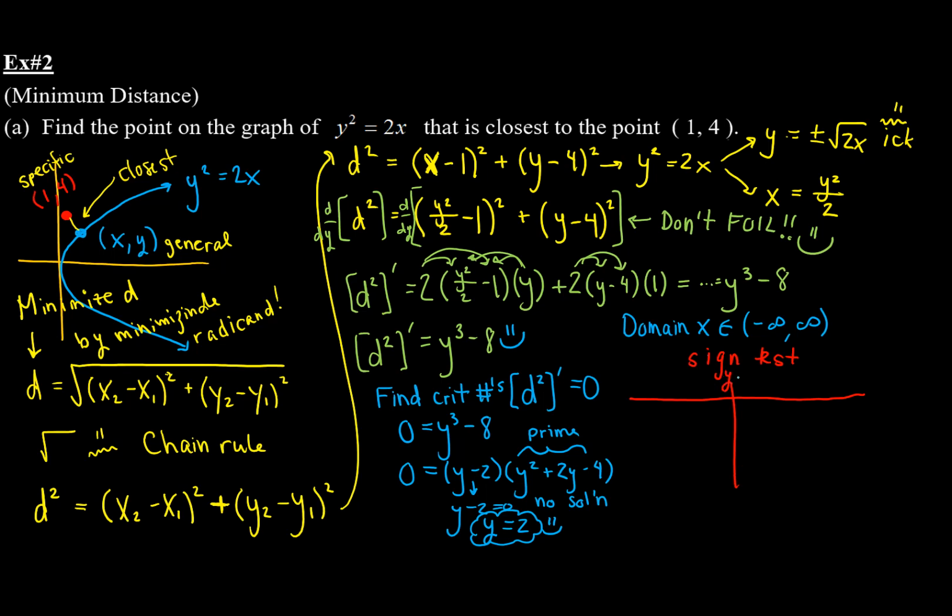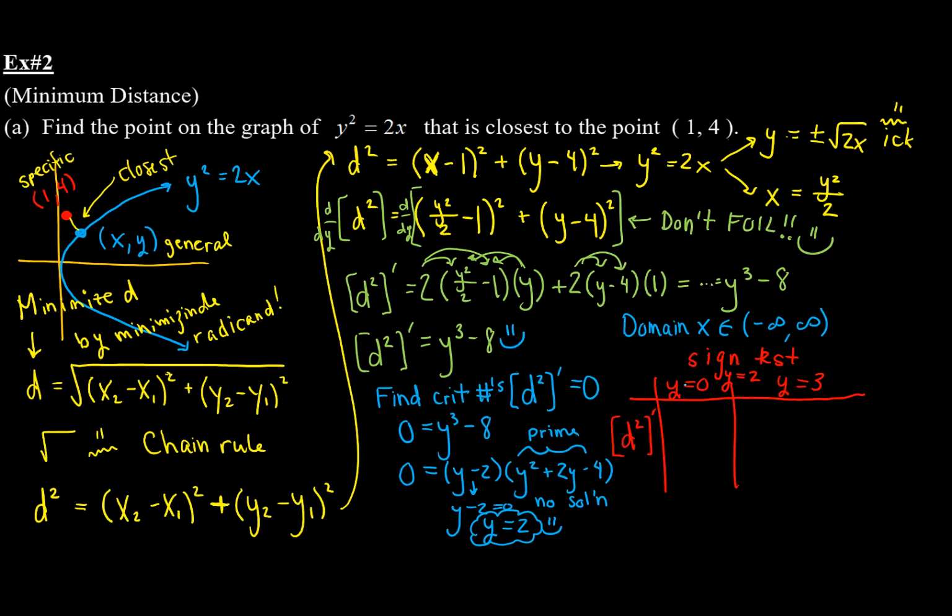Instead, I just have to check the critical number. So I'm going to plug in something smaller than 2, like y equals 0, and then something larger than 2, like y equals 3.